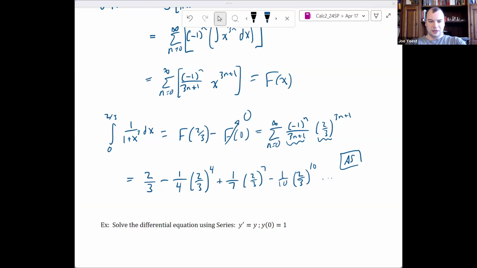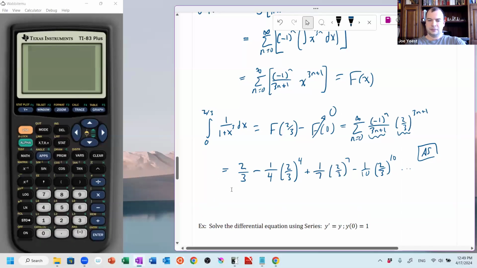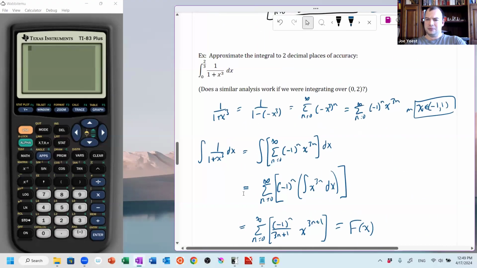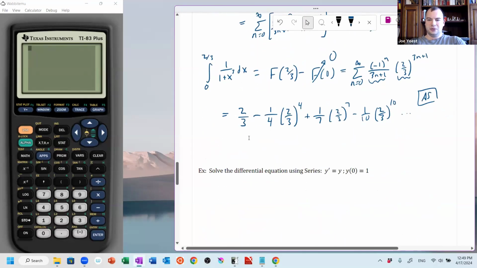So let's bring up the calculator here. Let me switch my share over. So I have 2/3. What did I say I wanted? 2 decimal places of accuracy. Well, 2/3 is 0.67 or so.